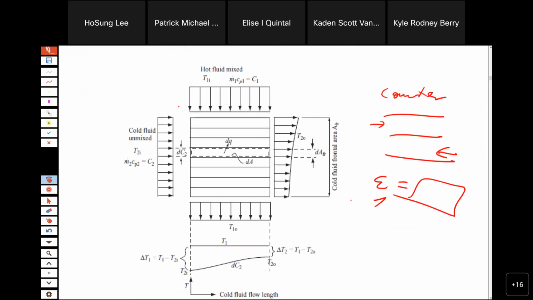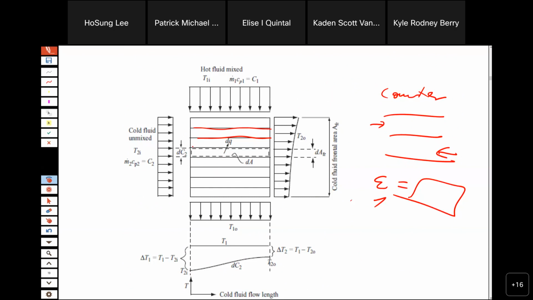Okay, so look at it. This is something like separated flow coming. Do you think this is mixed or unmixed fluid? Tell me.